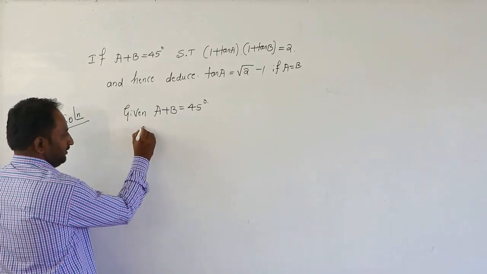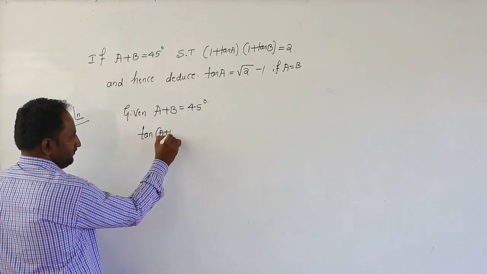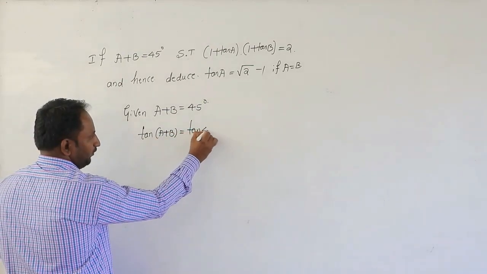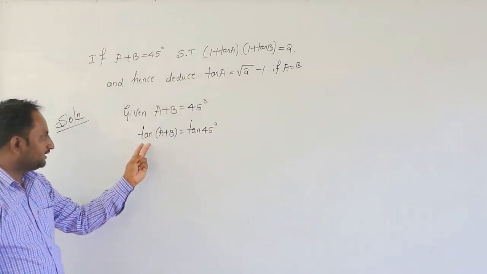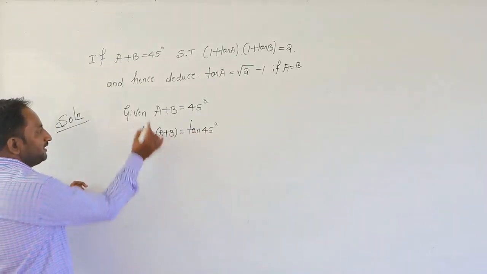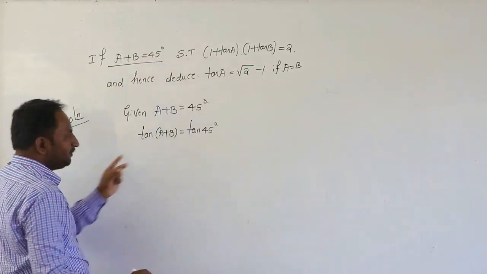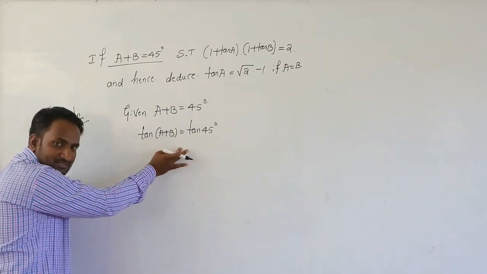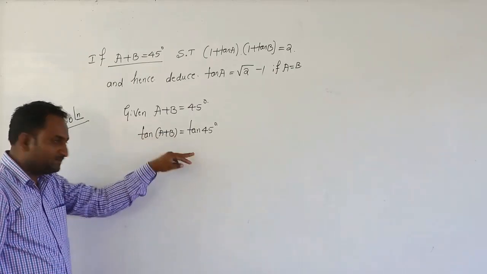Applying tan, taking tan on both sides: tan of (A plus B) is equal to tan 45 degrees. Here A plus B is equal to 45 degrees is given. Then applying the tan value, we know the formula for tan of (A plus B).